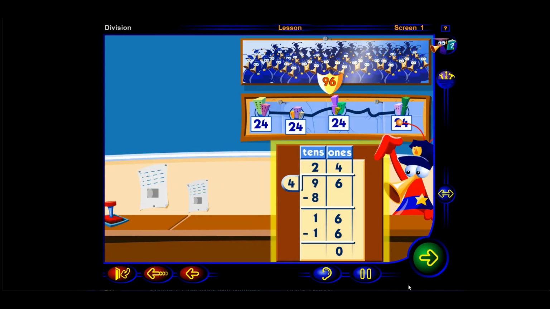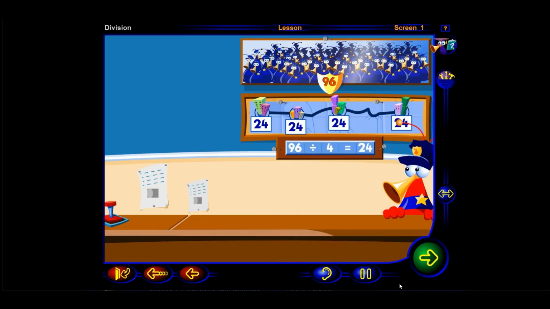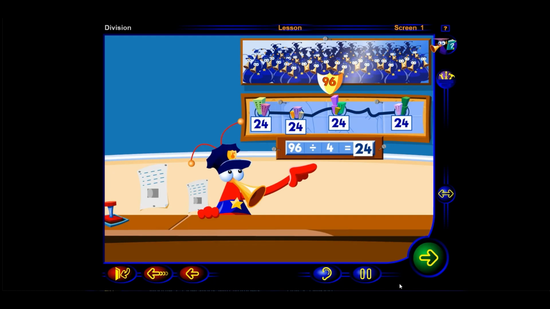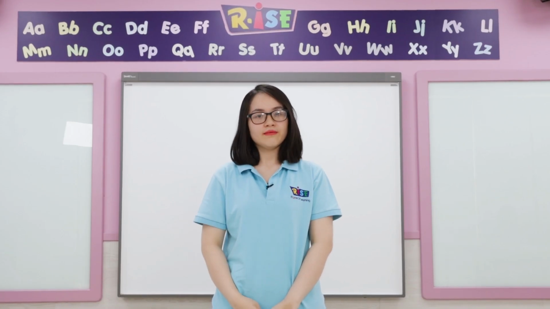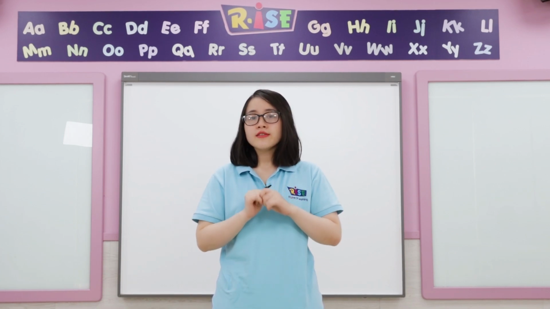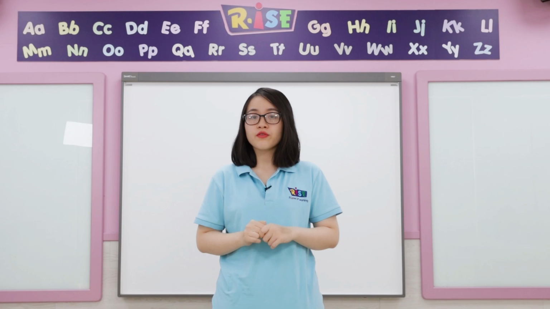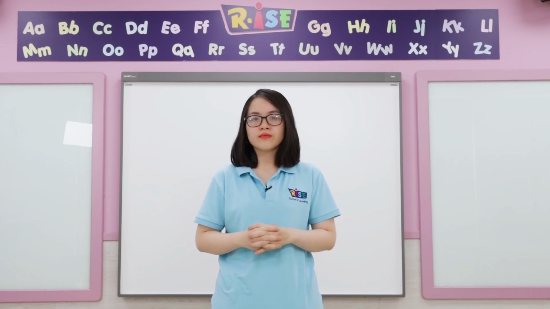Click on the division. 96 divided by 4 equals 24. So, Bunny, besides the way to say 96 divided by 4 is 24, we still have one more way to call this division.